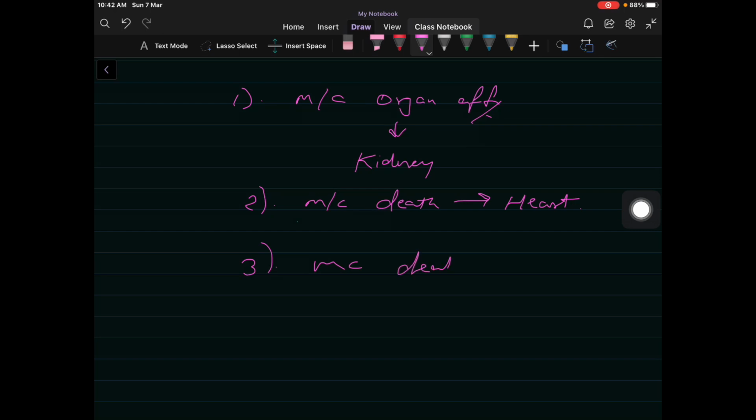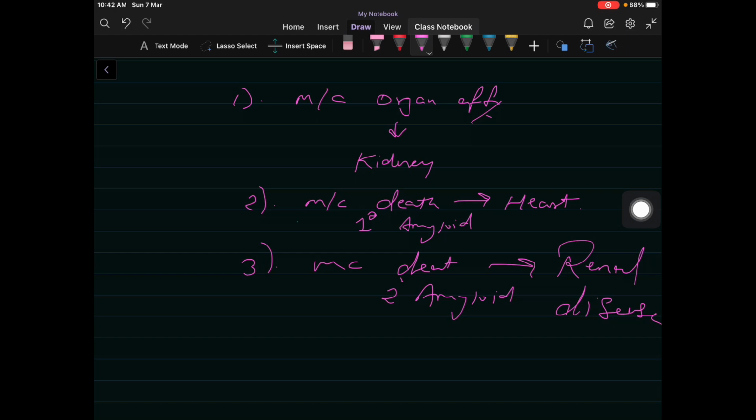The third, the most common cause of death in secondary amyloidosis; the upper one was primary amyloidosis. It will be renal disease.